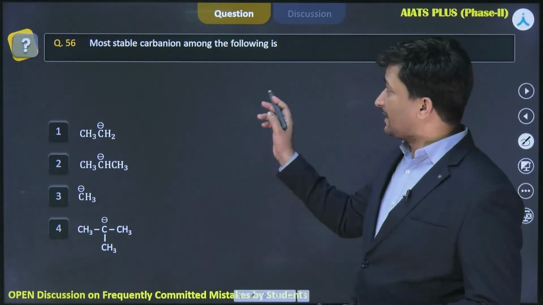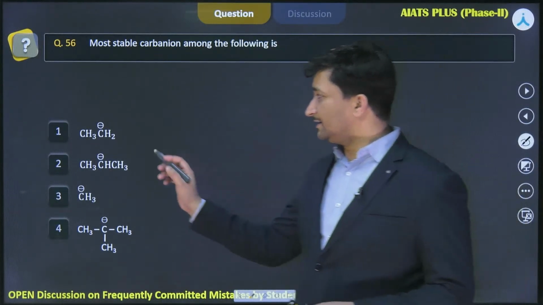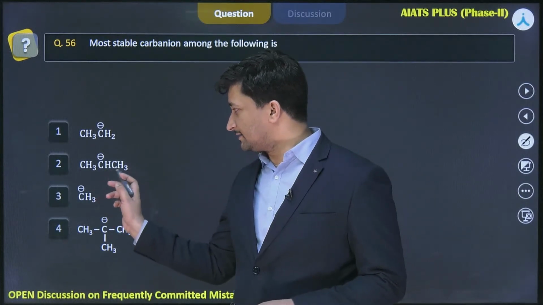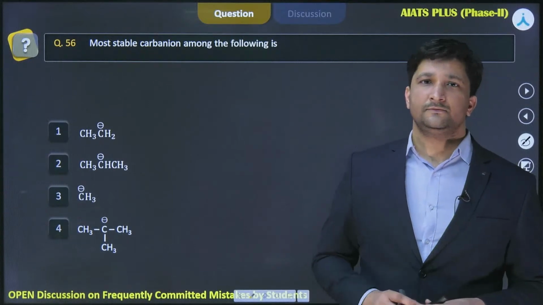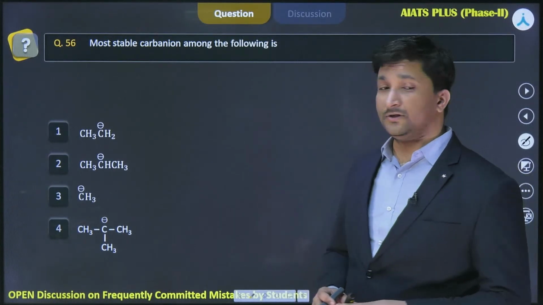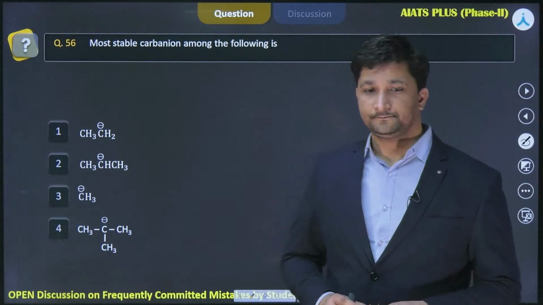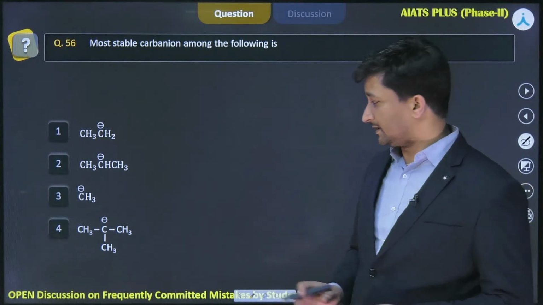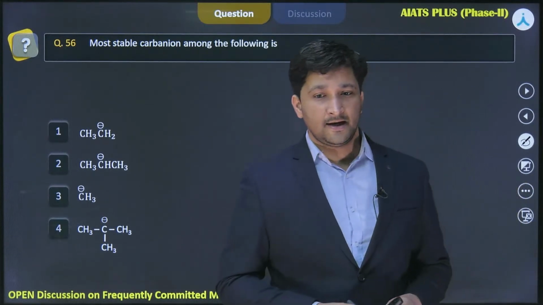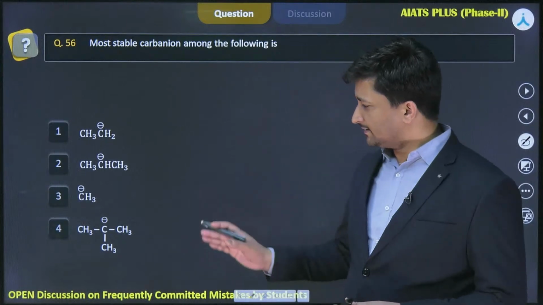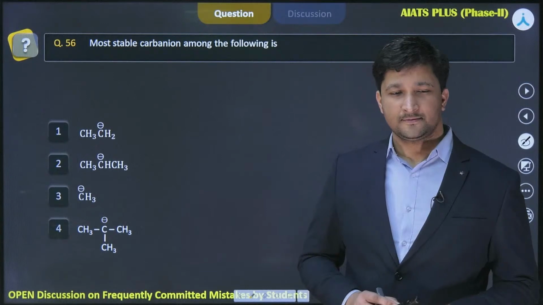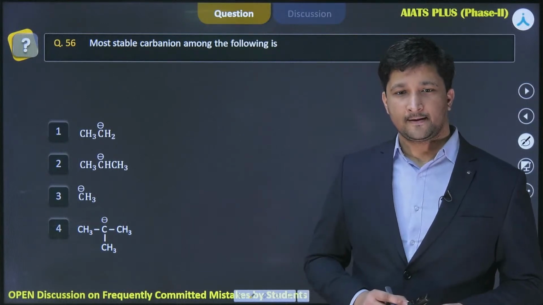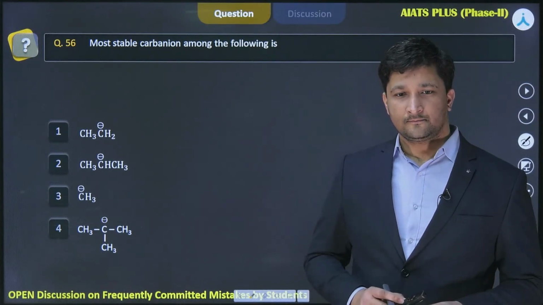Now, most stable carbon ion among the following is CH3CH2 minus, CH3CH minus, CH3CH3 minus. See, in the last session, we were actually discussing the stability of these. Inakshi is saying, sir, option number 4th is correct. Can any one of you tell why option number 4th is correct? Why, Inakshi?